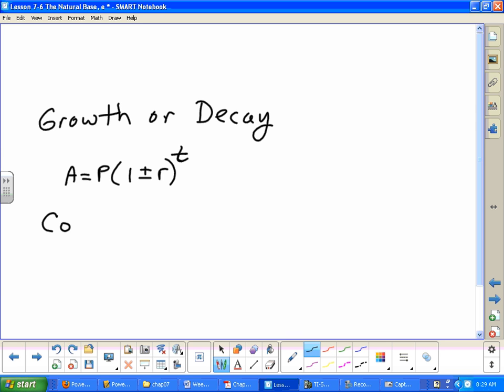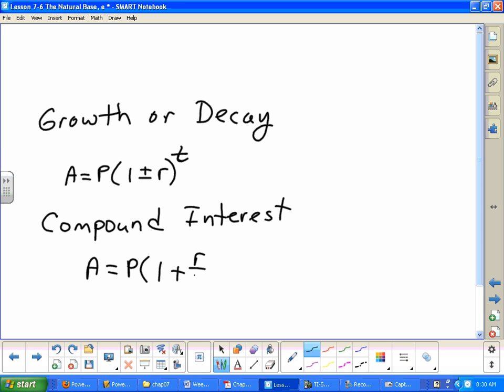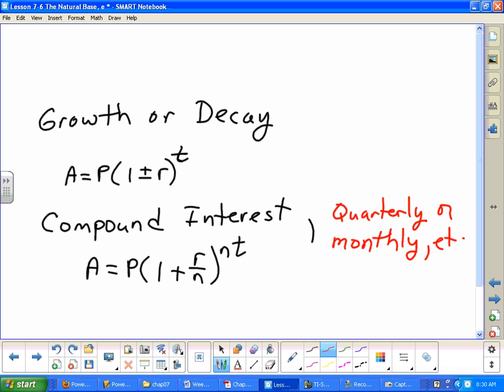We have compound interest, which is A equals P times 1 plus r over n raised to the power of nt. Now the compound interest is similar to the growth and decay. The only difference is that it might be quarterly or monthly or daily, etc. Okay?